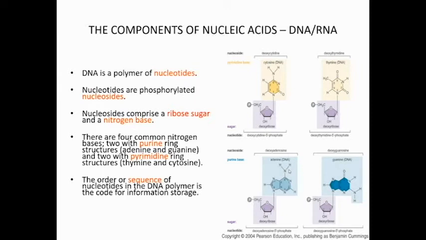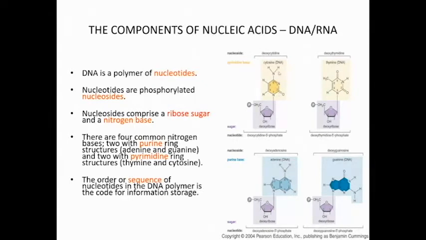And the reason we call them purine and pyrimidine is because of the structural similarity. The pyrimidine ring is similar to this ring, and the purine ring is here, adenine and guanine. And the nucleotide, basically, is a phosphorylated nucleoside.